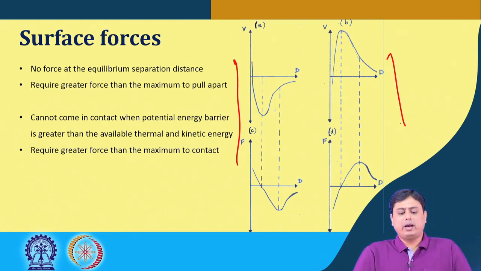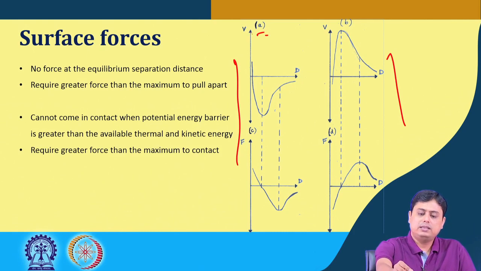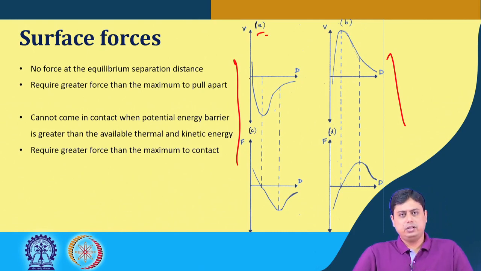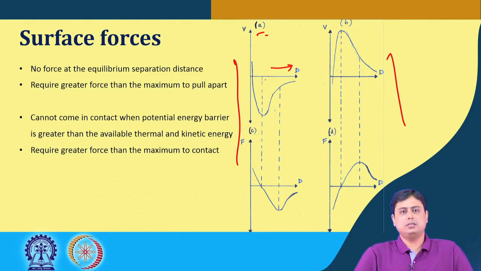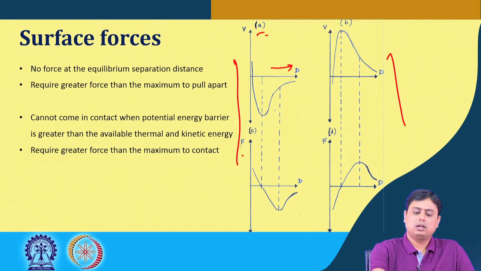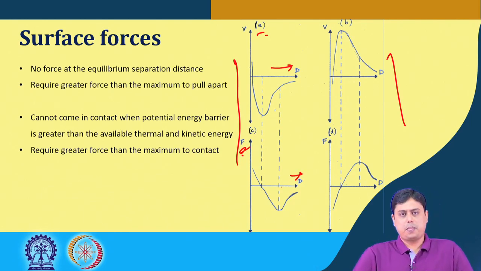The first one is the interaction energy versus the separation distance, and this one is the corresponding force versus the separation distance. Usually the convention is that when the energy or the force is negative, it is the attractive force, and when it is in the positive values, it is the repulsive one.